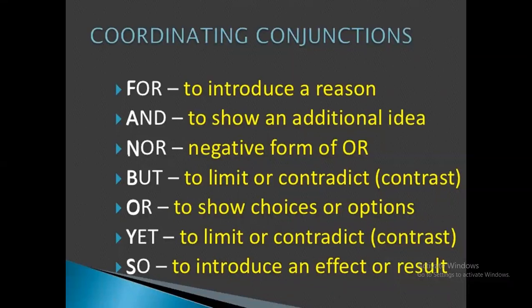And they have a purpose. Okay, for, you give a reason. Okay, and, additional idea. Nor, negative form of or. We did not understand, nor saw any reason for it. Okay, so this is like a negative form of or.